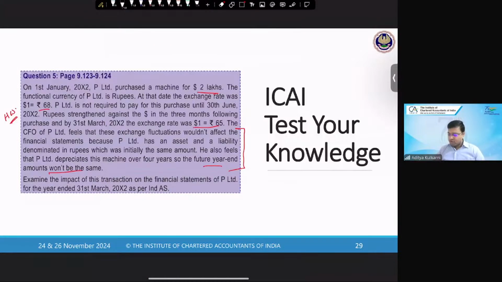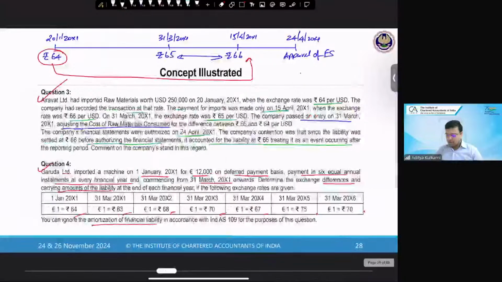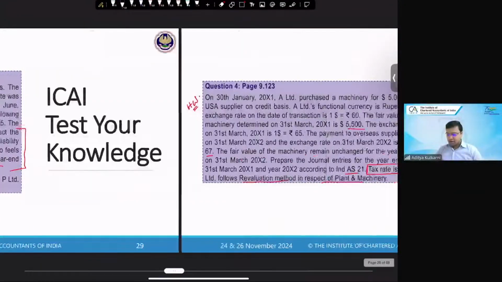I had left you with some homework questions, question number 5 of the study module and question number 4.